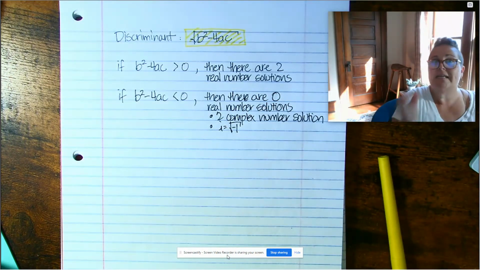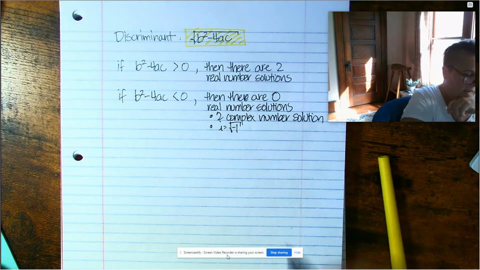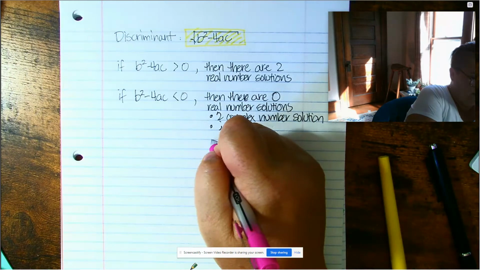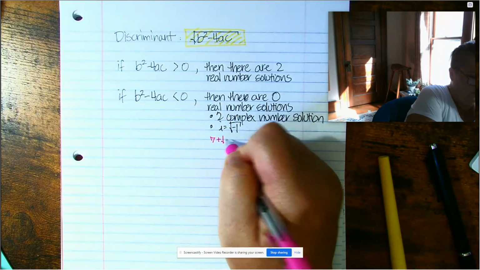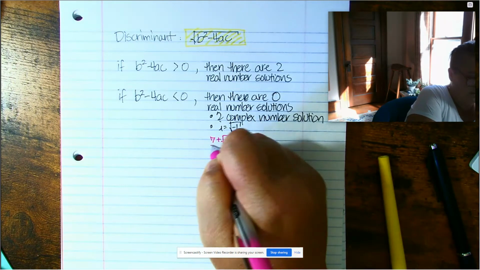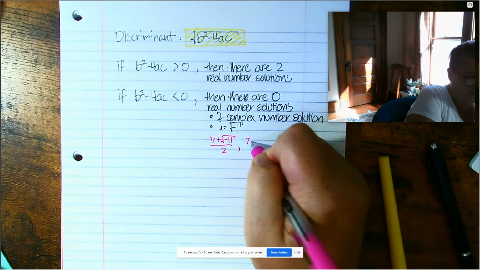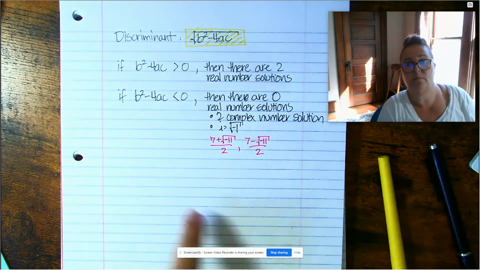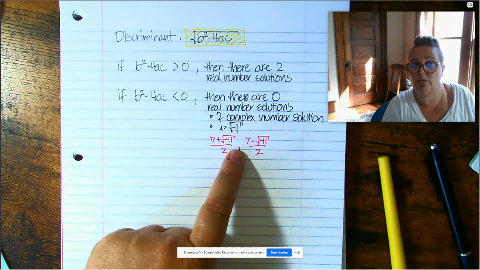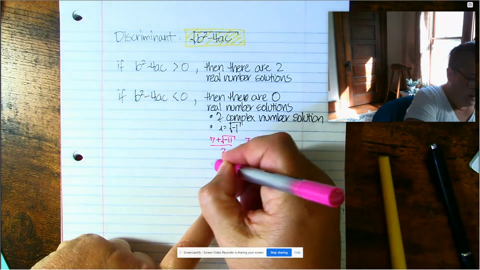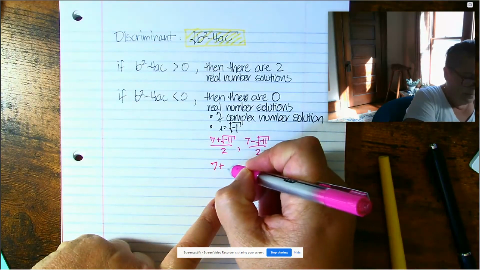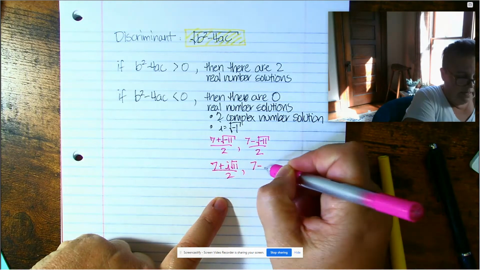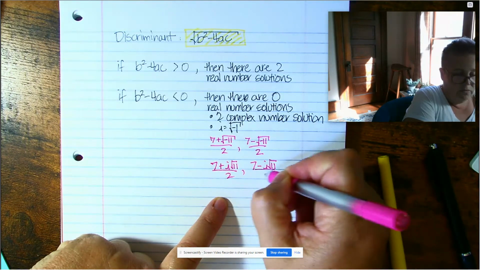We saw that in the previous example where we had 7 plus the square root of a negative 11 over 2, and 7 minus the square root of a negative 11 over 2. These are both complex numbers because the square root of negative 11 we would rewrite as 7 plus i square root of 11 over 2, and 7 minus i square root of 11 over 2.